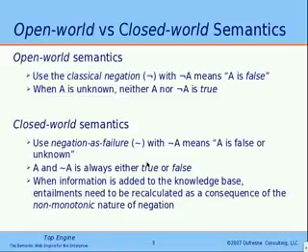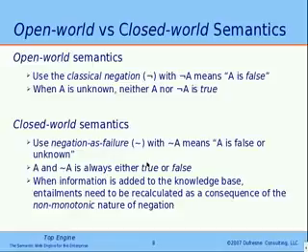Now, what does it really mean, open world versus closed world semantic? What's the real distinction between the two? Well, essentially, it comes down to how negation is applied. In the open world semantic, negation is the classical form of negation, where not A means that A is false.